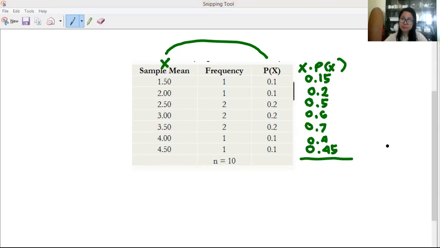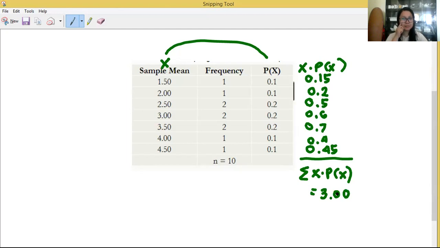Next, how do we solve for the mean? To solve for the mean, we need to add this column. Remember? If you add this column, the answer will be 3. And remember, this is the mean. So, how do we denote it? X bar of X bar. That is how we read it. The mean of the sampling distribution.